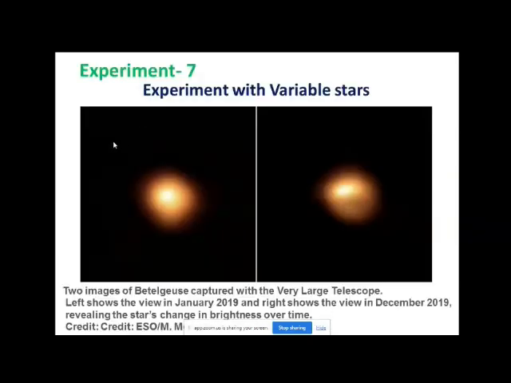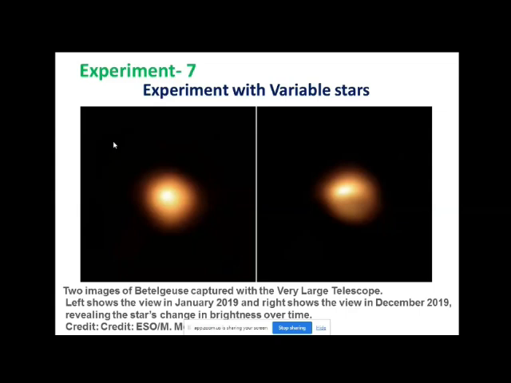Experiment 7 is a variable star experiment. This is a very scientific experiment in the scientific community. Scientists are doing this, but with variable stars there are two types: intrinsic and extrinsic.